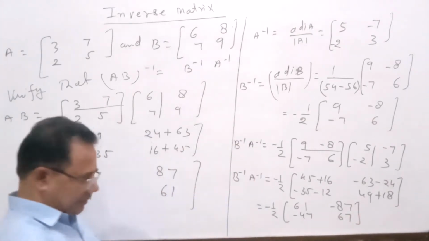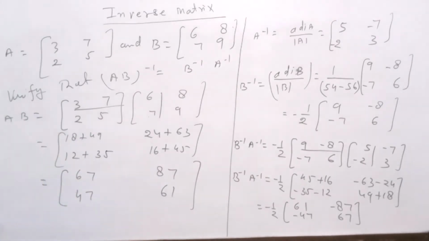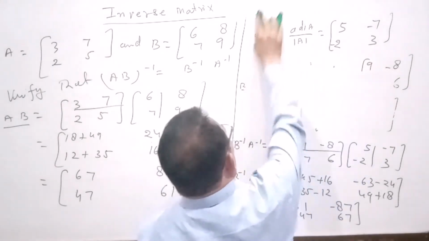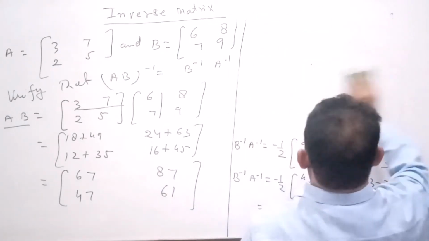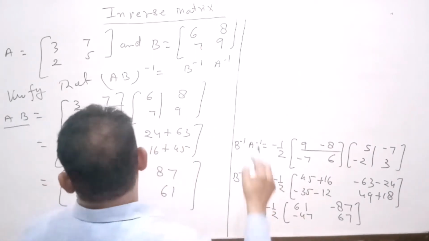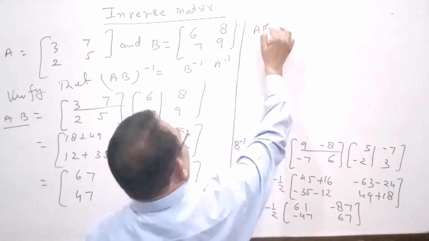This is the right hand side. Now we find the inverse of AB, the whole inverse of AB. So first of all we find the value of the determinant of AB.